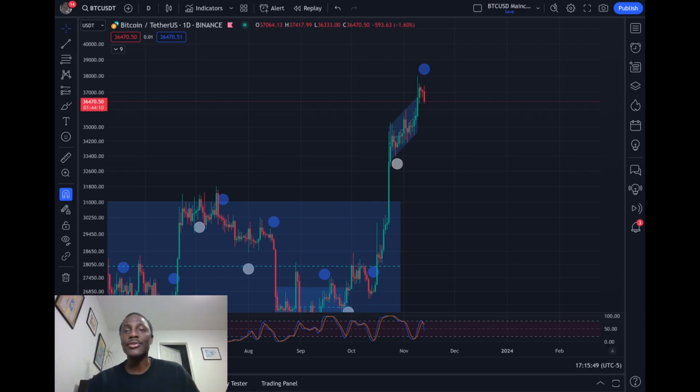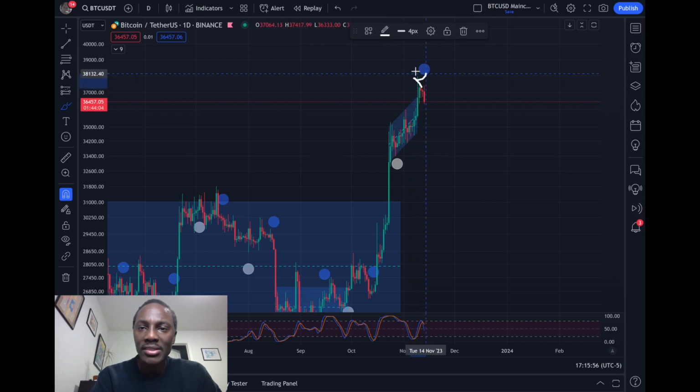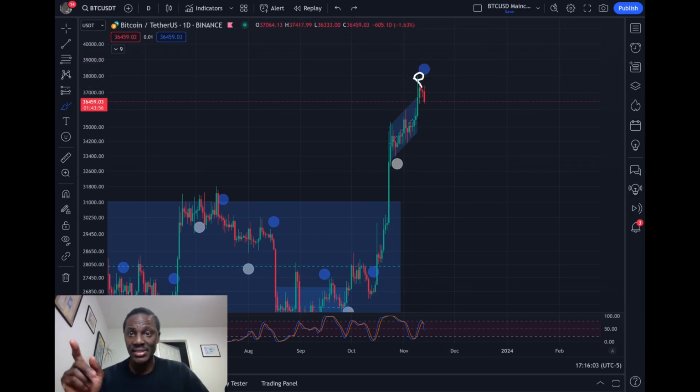And we got a new moon in and around the high of approximately 38,000, right? This blue circle that you see represents the new moon, and that was at 38K. That's the first reason I'm saying, okay, maybe there's something here.